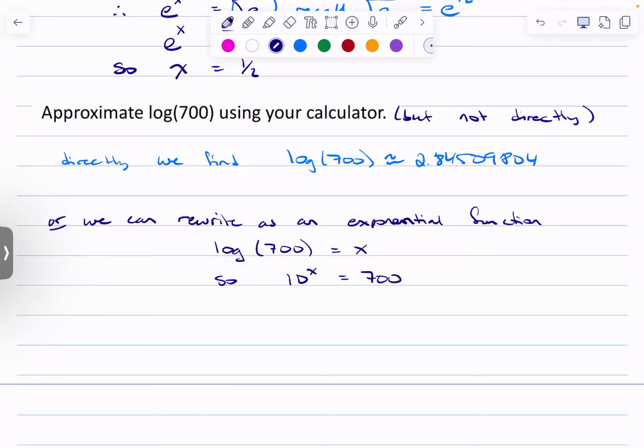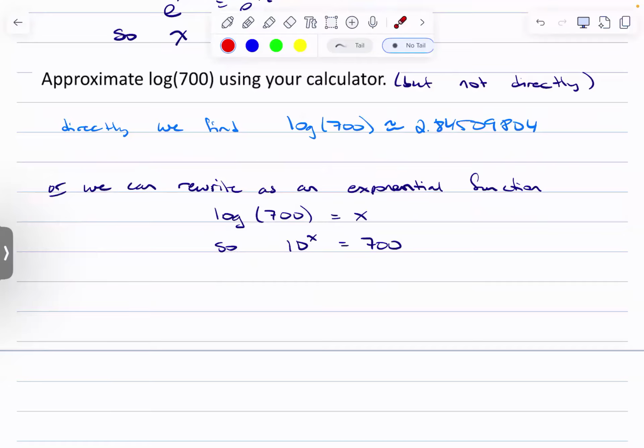Well, if x is 1, let's start there, then I have 10, which is not even close to 700. Sorry, I skipped straight to 1,000, but then I tripped myself up.